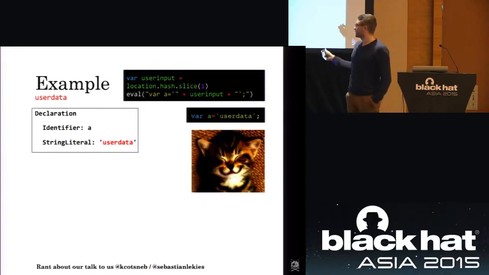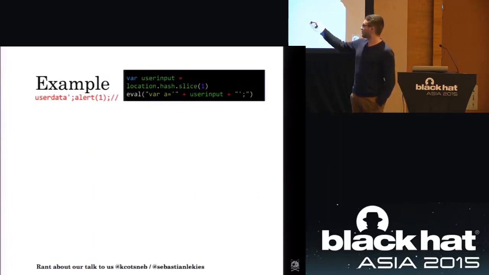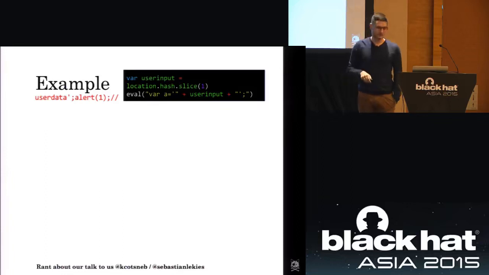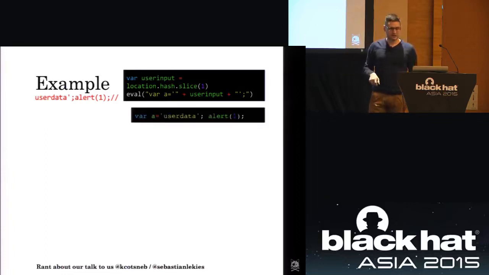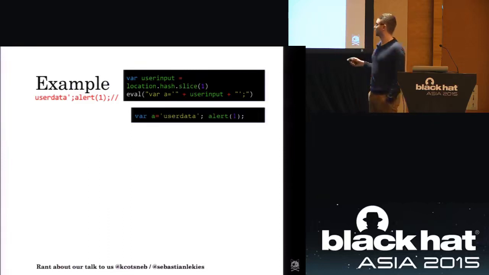We're fine with that. However, if we look at the same example in a case where we actively exploit the vulnerability, so we break out of this definition of a, do alert(1) and add the comment signs, then this is what actually ends up being passed to the JavaScript engine. So we have a equals user data, then alert(1), and then this part is actually not visible, it's gray, trust me, the brightness of the projector is the problem here.